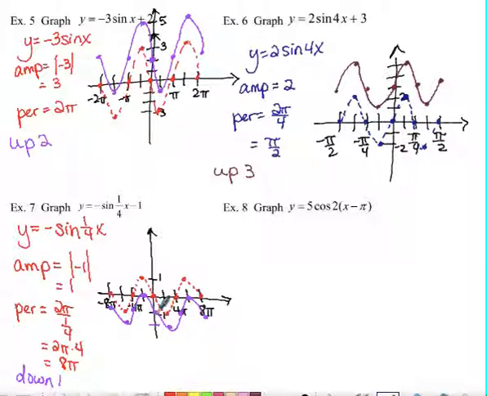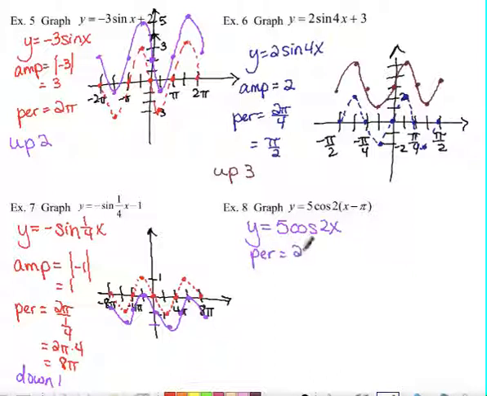I'll give you a head start. So I'm going to start with y equals 5 cosine 2x.